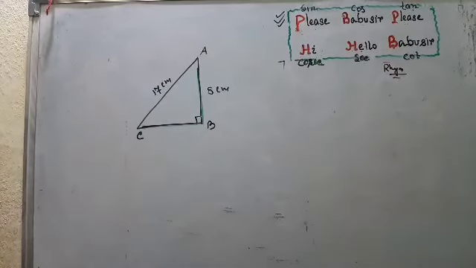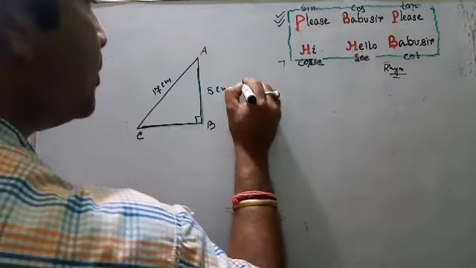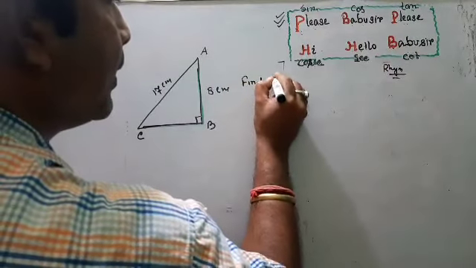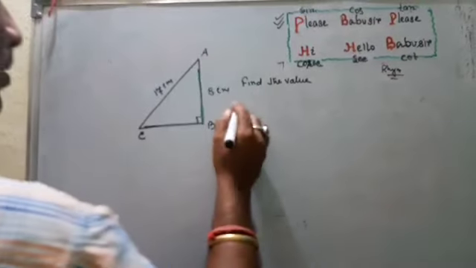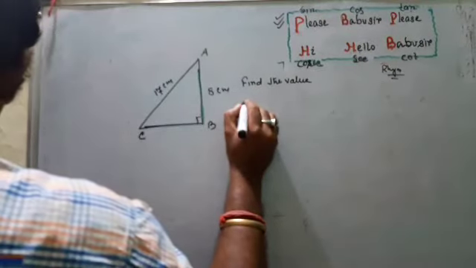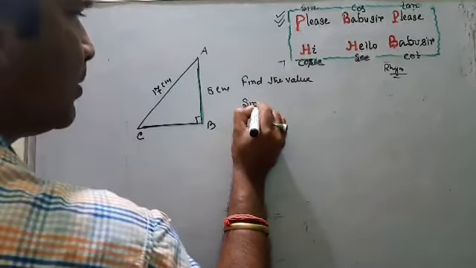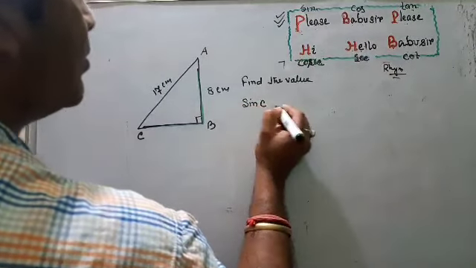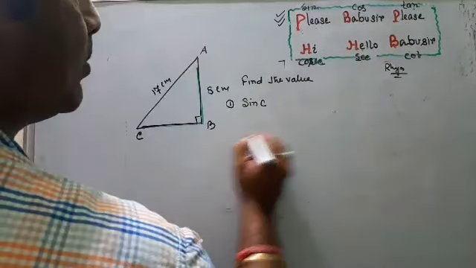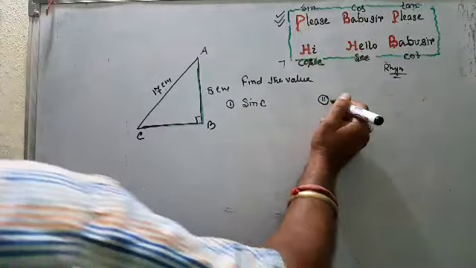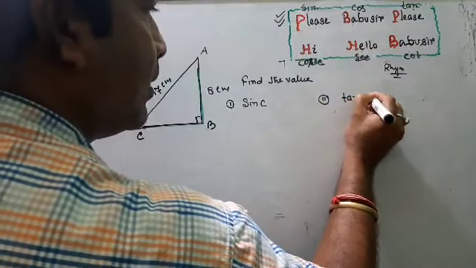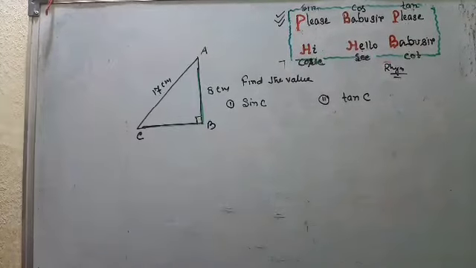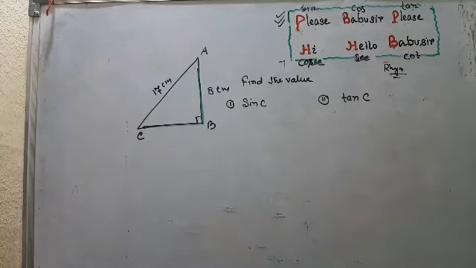Base is not given, and the question is find the value of all ratios. So I'll take sine C, question number 1. Question number 2, tan C.